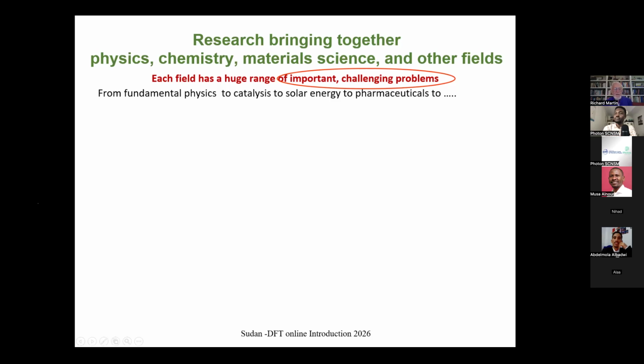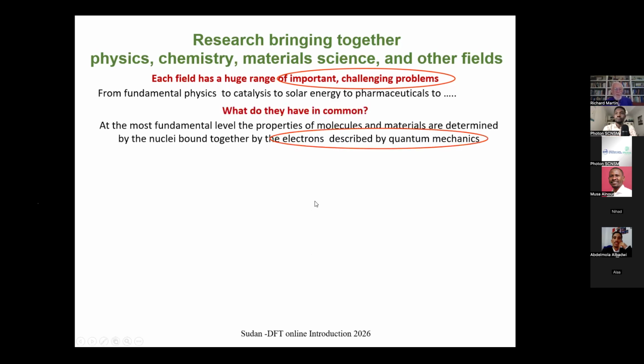Now, this is a really busy slide, but the reason is that I want to emphasize the range of things that's involved and the range of opportunities. So what do these fields have in common? Each one has things that are special to it, and there are huge numbers of theoretical methods to approach them.